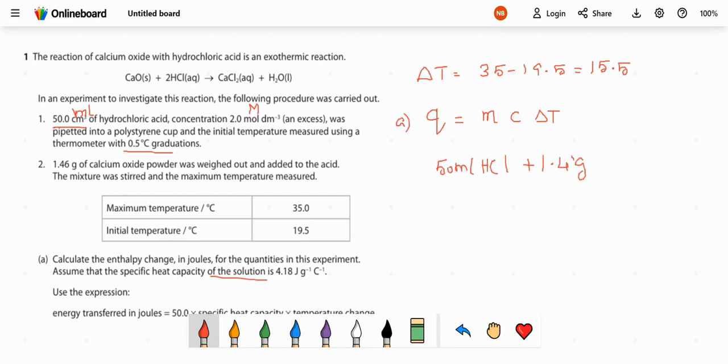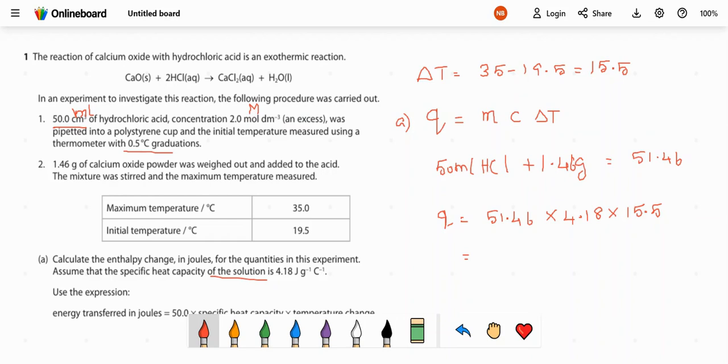The total weight of the solution will be 51.46. So Q will be equal to 51.46 times the specific heat capacity 4.18 times the change in temperature 15.5. This will be the enthalpy change due to the reaction.